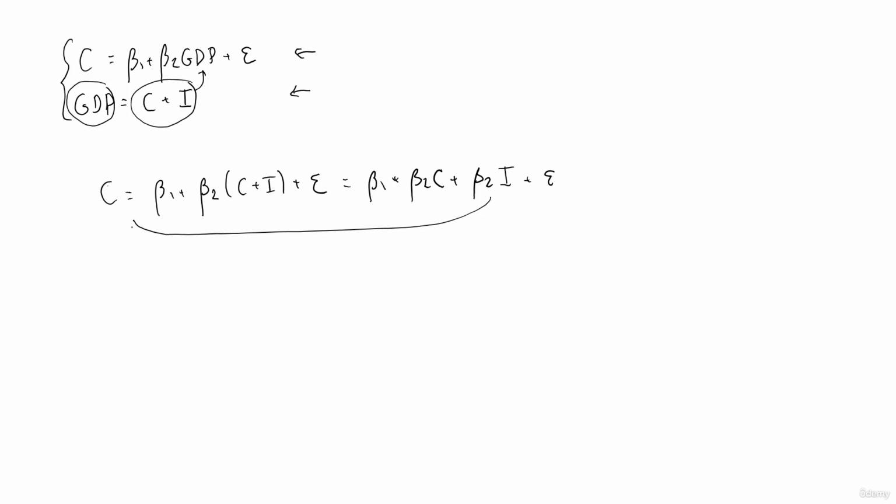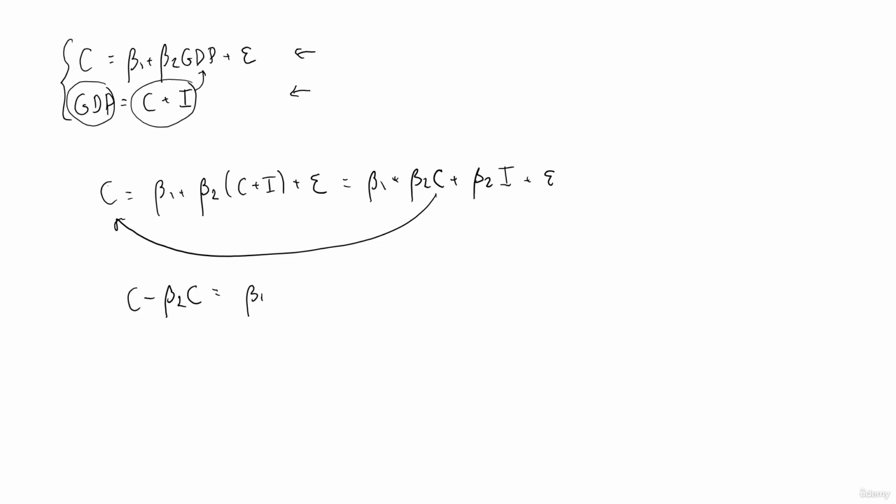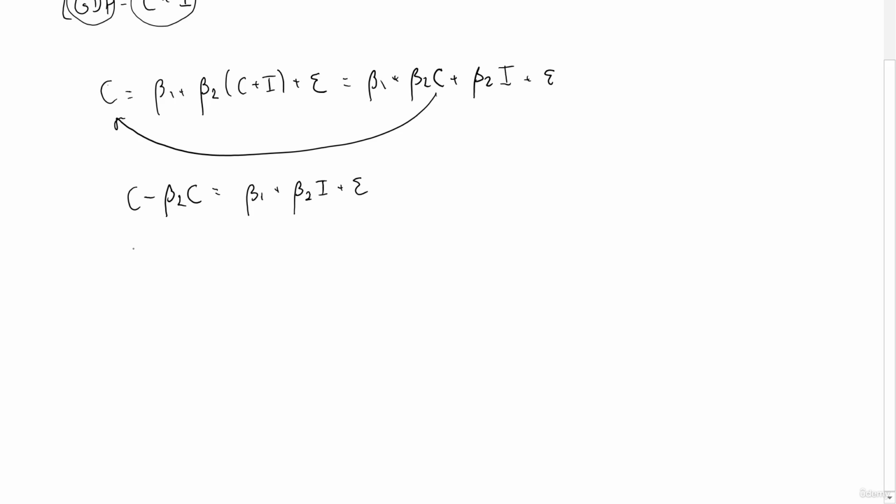Move this over to that side. Then I have C minus beta 2 C equal to beta 1 plus beta 2 I plus epsilon. And this I can factor as C times (1 minus beta 2) equal to beta 1 plus beta 2 I plus epsilon.